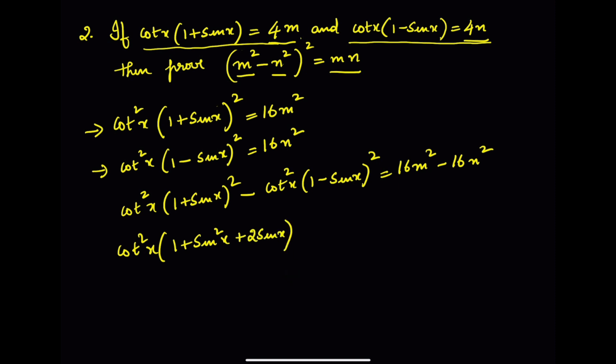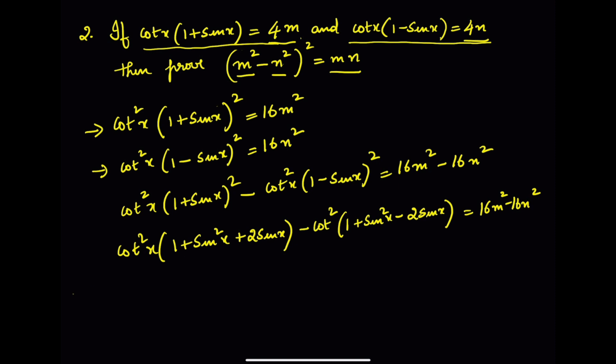I just applied (a plus b) the whole square, and minus cot square x times (1 plus sin square x) minus 2 sin x. Just a minute, let me fix that. Minus 2 sin x is equal to 16 m square minus 16 n square.